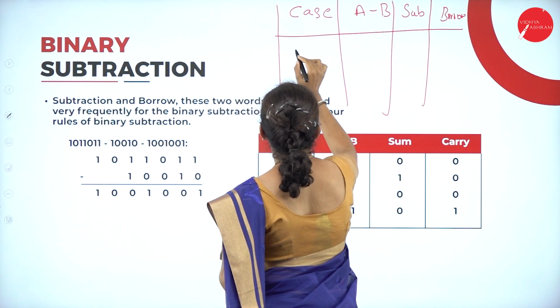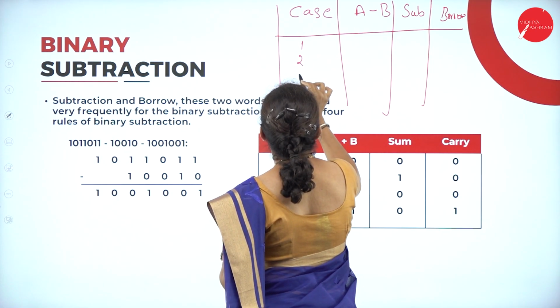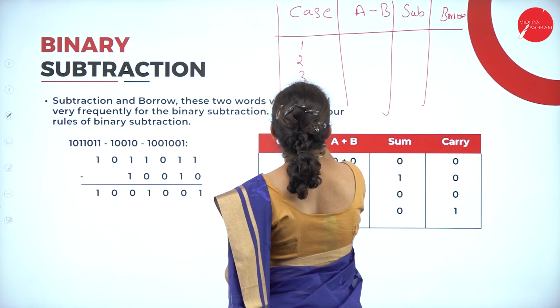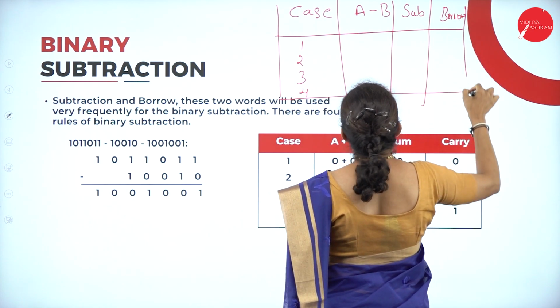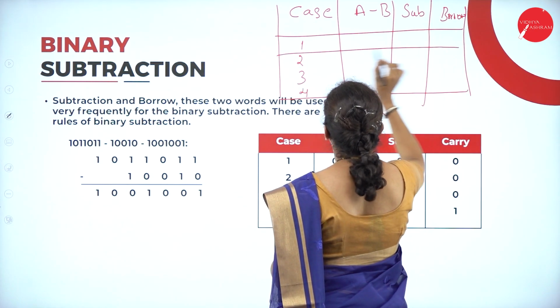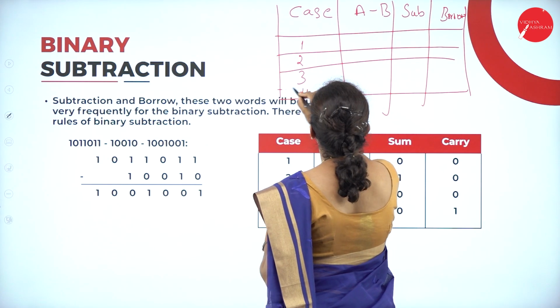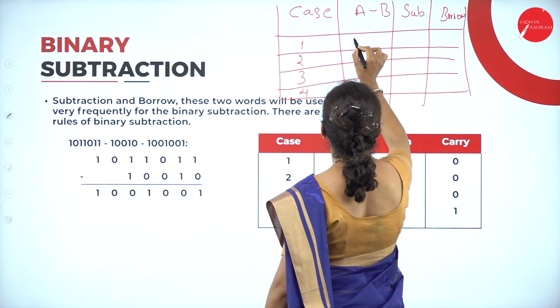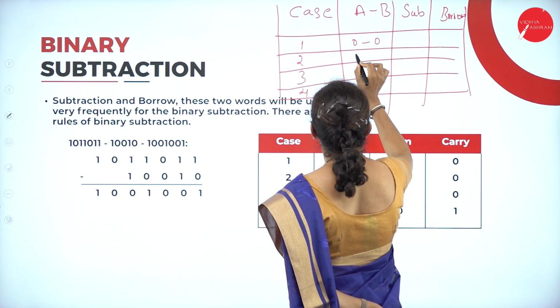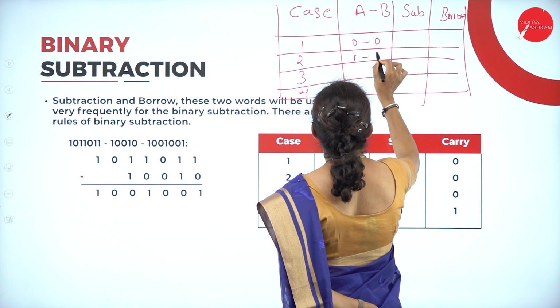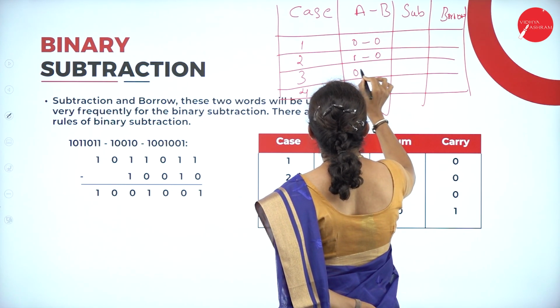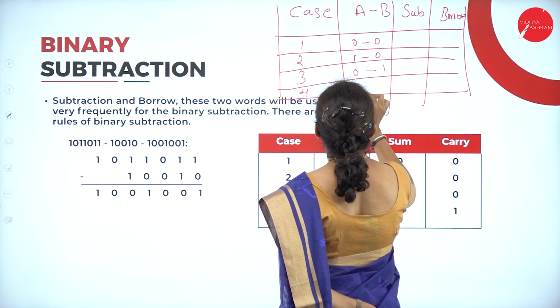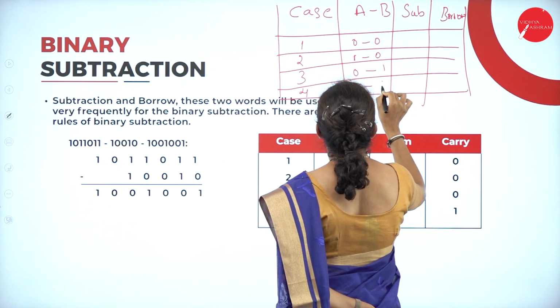So we have 4 possible cases. What are the combinations we have? That is 0 minus 0, then 1 minus 0, then 0 minus 1, then 1 minus 1.